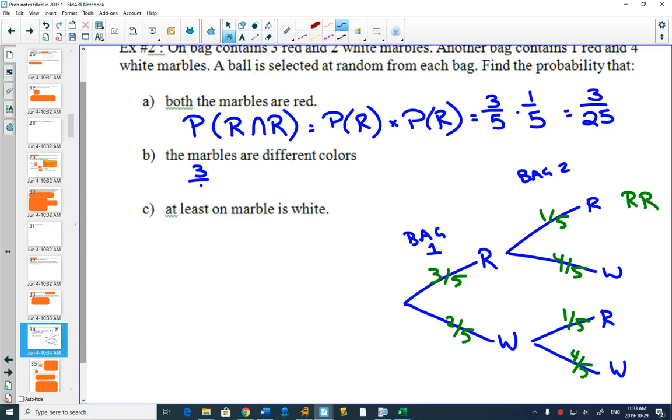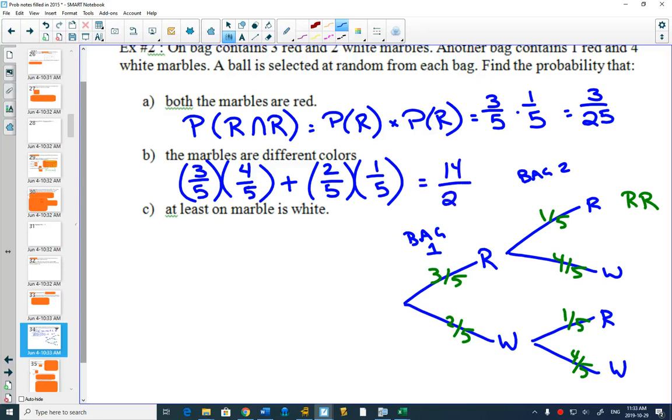You could get red and then white, or you could get white and then red. 12 out of 25 plus 2 out of 25 gives you 14 out of 25. So now for part B, we were looking at this one, red and white, and this one, white and then red.